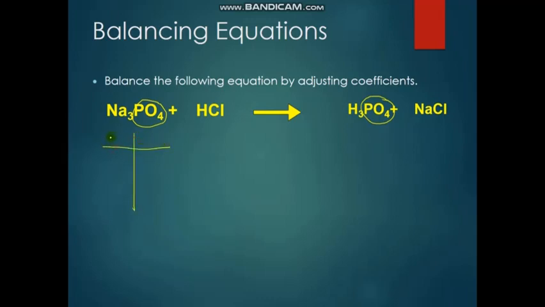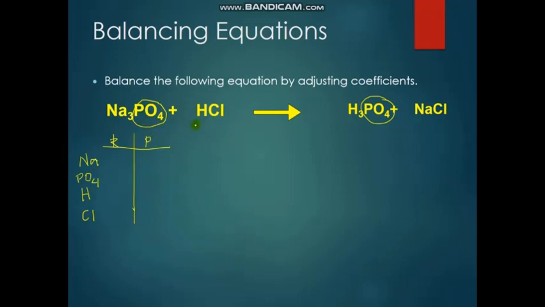There. You have the reactant side and the product side. Then you're going to list down the elements. But since phosphate is seen in both sides of the equation, we can write PO4 and then hydrogen and chlorine. Now, how will you know the number of our polyatomic ions?